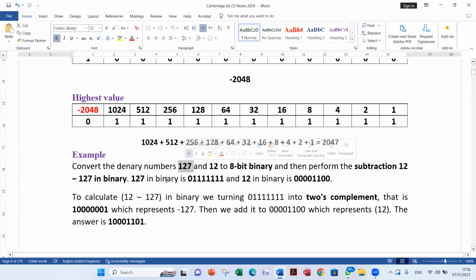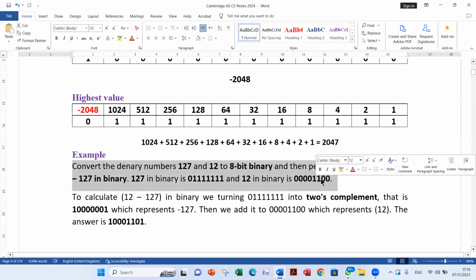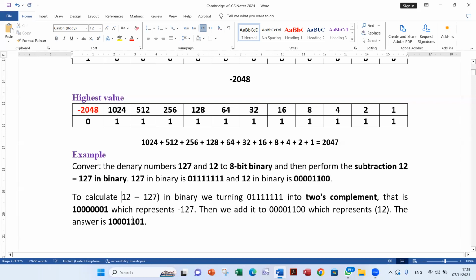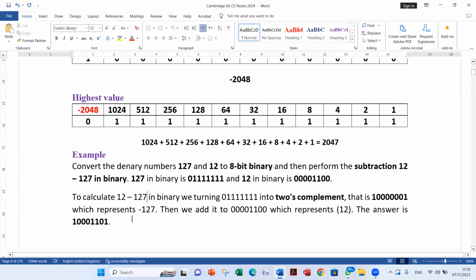Convert the 127 into binary. It's going to be like this. Convert the 12 into binary. It's going to be like this. And then calculate 12 minus 127 in binary.